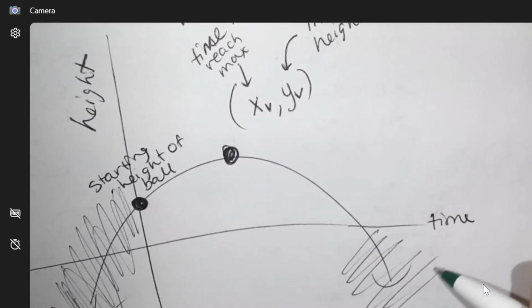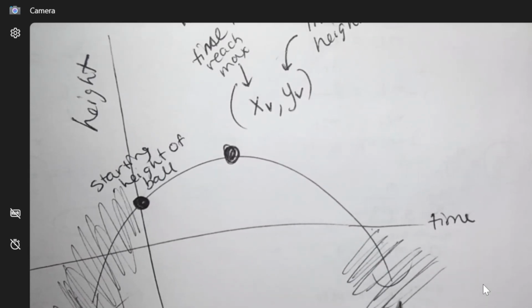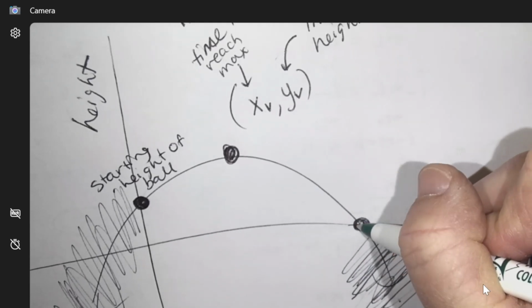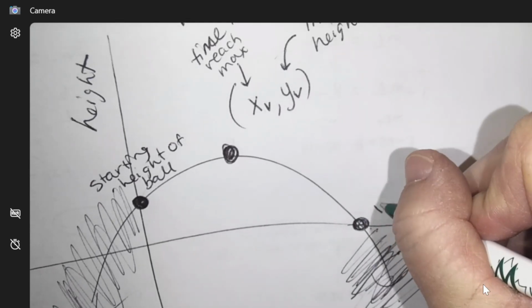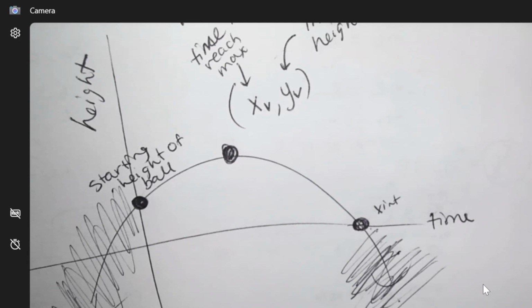Okay, I'm also going to not be drawing that part of the graph. Why wouldn't I include that part of the graph? The ball is going to be into the ground. So then I'm going to stop on the x-intercept. That's an x-intercept. So what is that going to tell me?